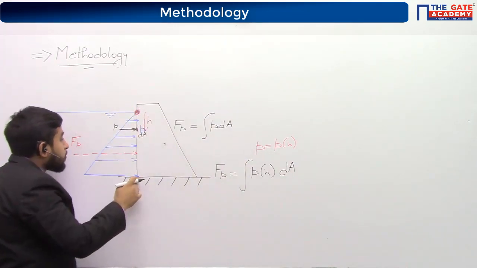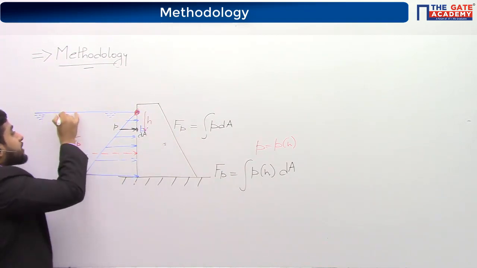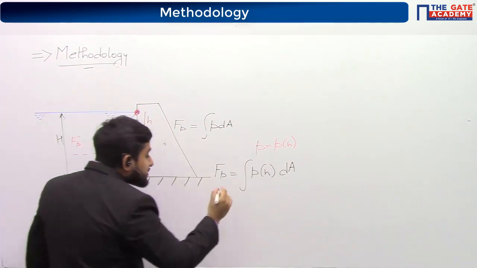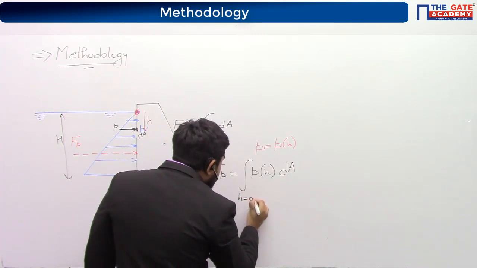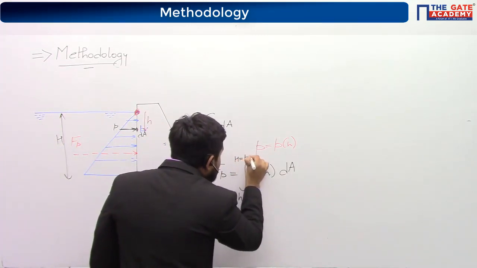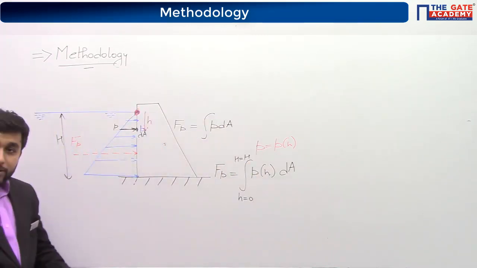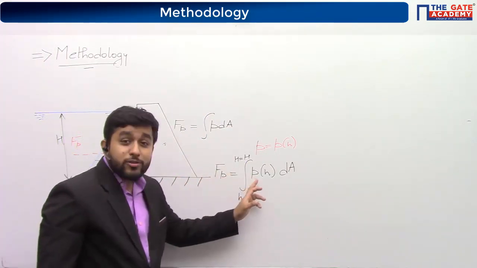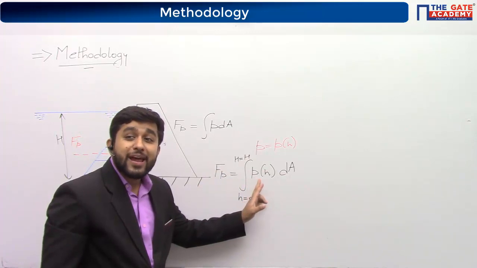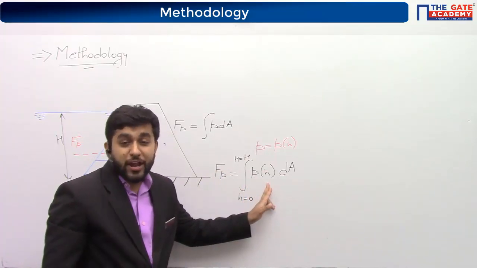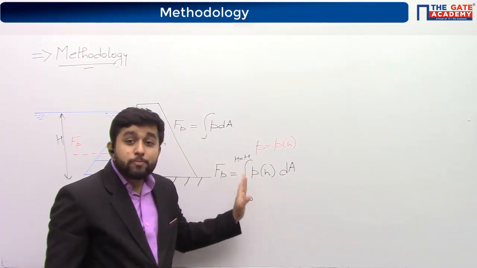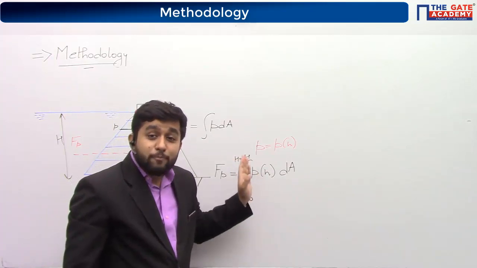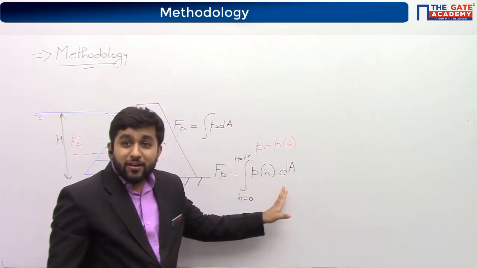The very last point is at H equal to capital H. So you will solve this integral from H equal to 0 to H equal to capital H. But for solving this, first of all, you need to find out pressure as a function of H coordinate. You need to find out pressure as a function of position, that is H.